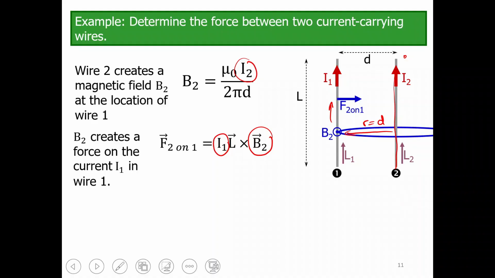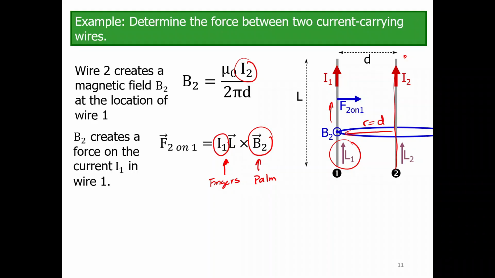And if I use my right-hand rule for that cross product, I can figure out the direction of that force. The cross product right-hand rule says I put my fingers in the direction of L. This is for wire 1, so that is towards the top of the page. So that L is also in the direction of I1, towards the top of the page. I then rotate my palm so that it is facing B2.